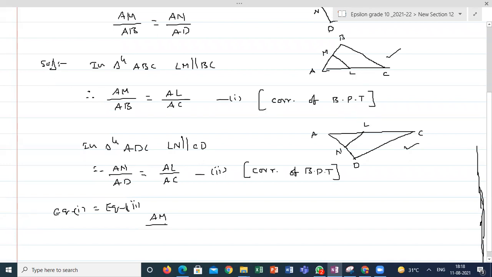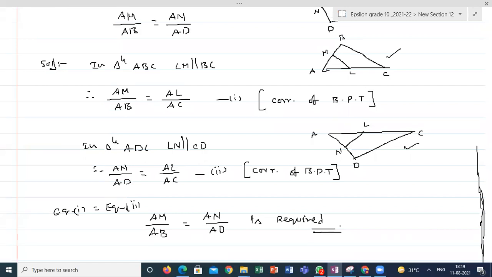So AM by AB is equal to AN by AD, which is the required proof. Is it clear how I proved in a simple manner? Guys, anyone having any doubts? Shall I go for the next question?